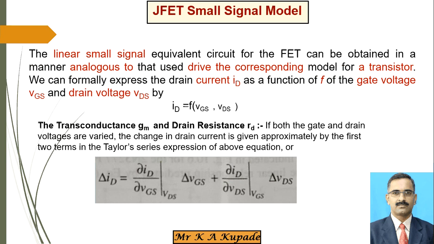Next, in this small signal model, the transconductance is denoted as gm, and the drain resistance rd.